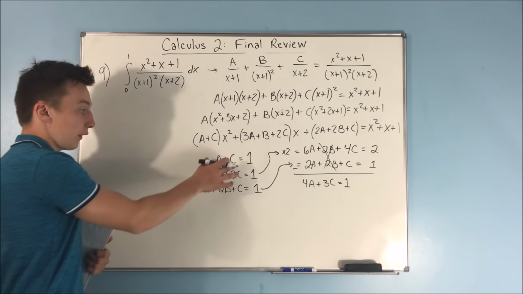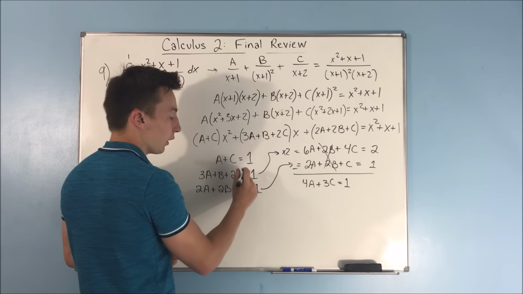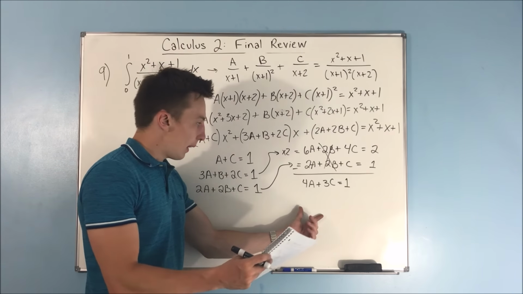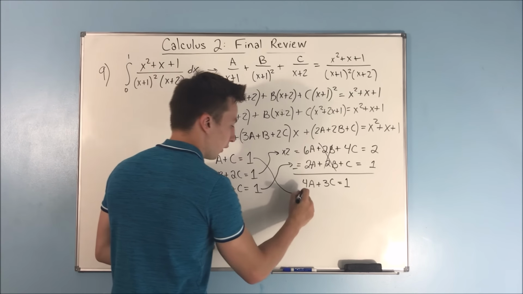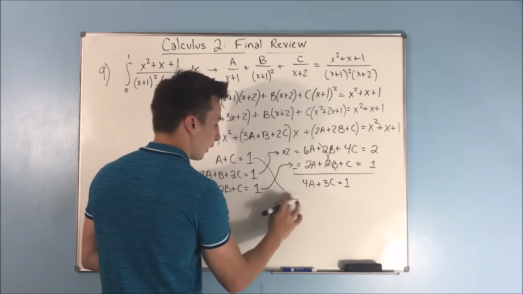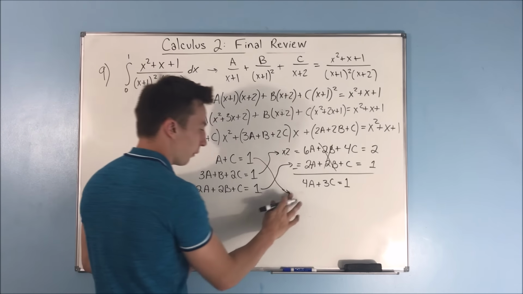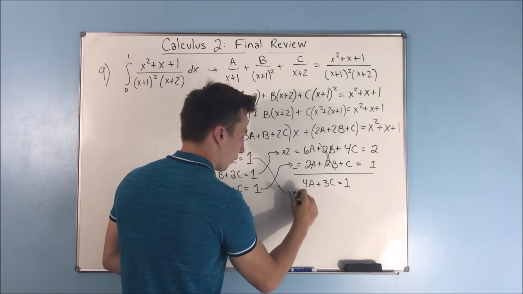Bring this other equation down. We have A plus C equals 1, but we need to cancel one of these out, and let's get rid of the A. So what we're going to do here is bring this down and multiply it by 4, if we want to cancel out the A. So let me draw a better arrow here. That'll be times 4.